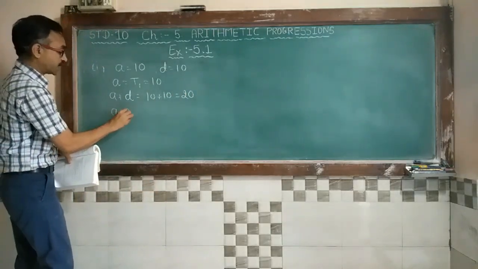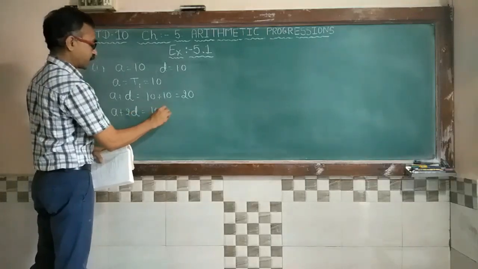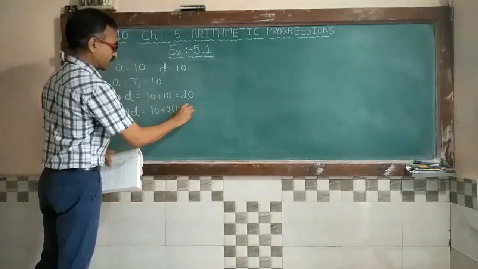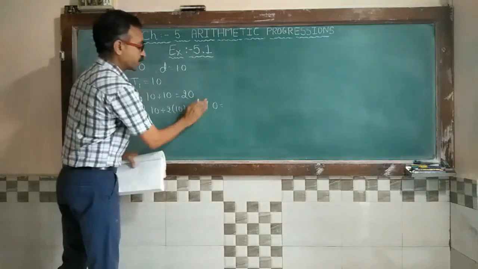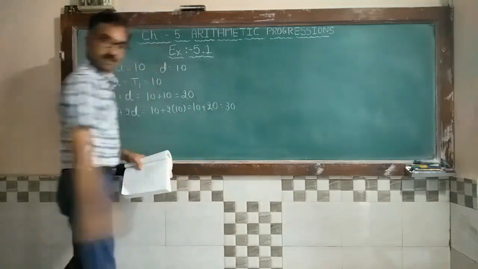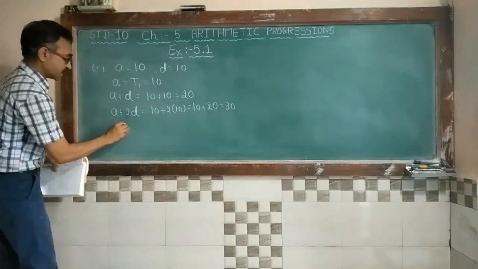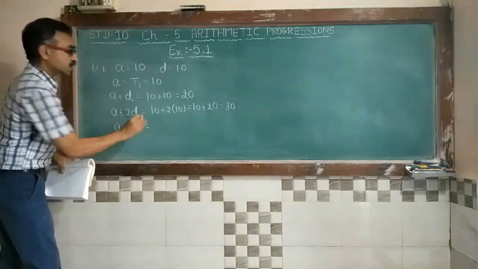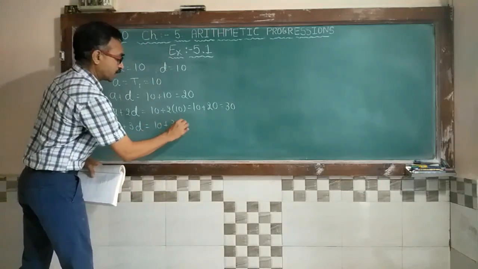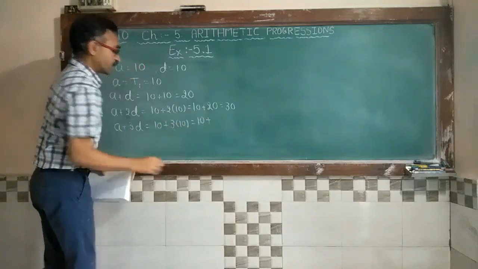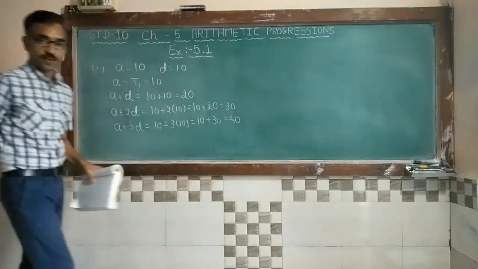Third term is a plus 2d, that is 10 plus 2 into 10, that is 10 plus 20, that is 30. And fourth term is a plus 3d, so 10 plus 3 into 10, that is 10 plus 30, so it is 40.